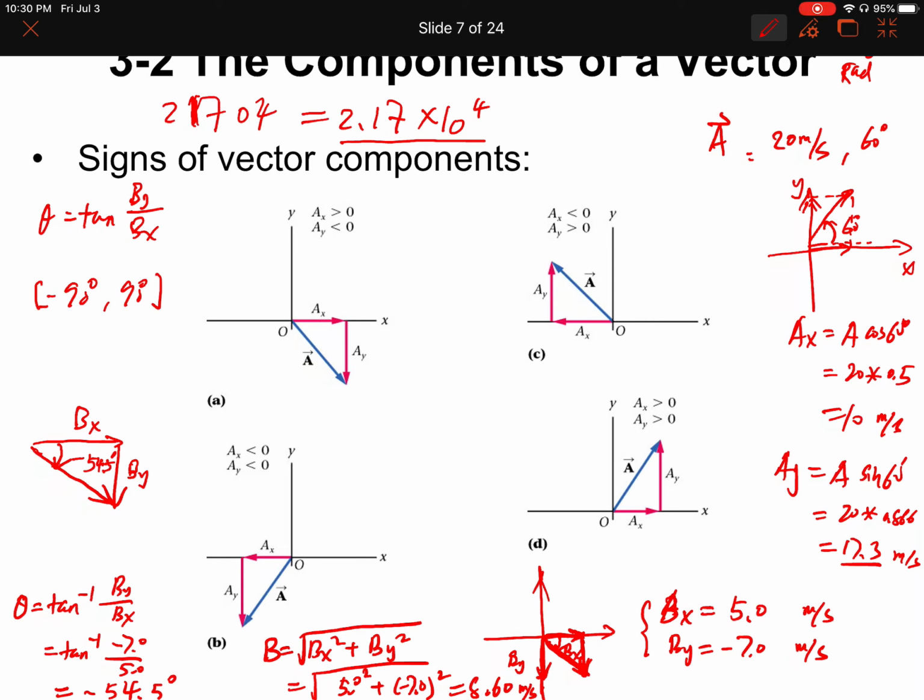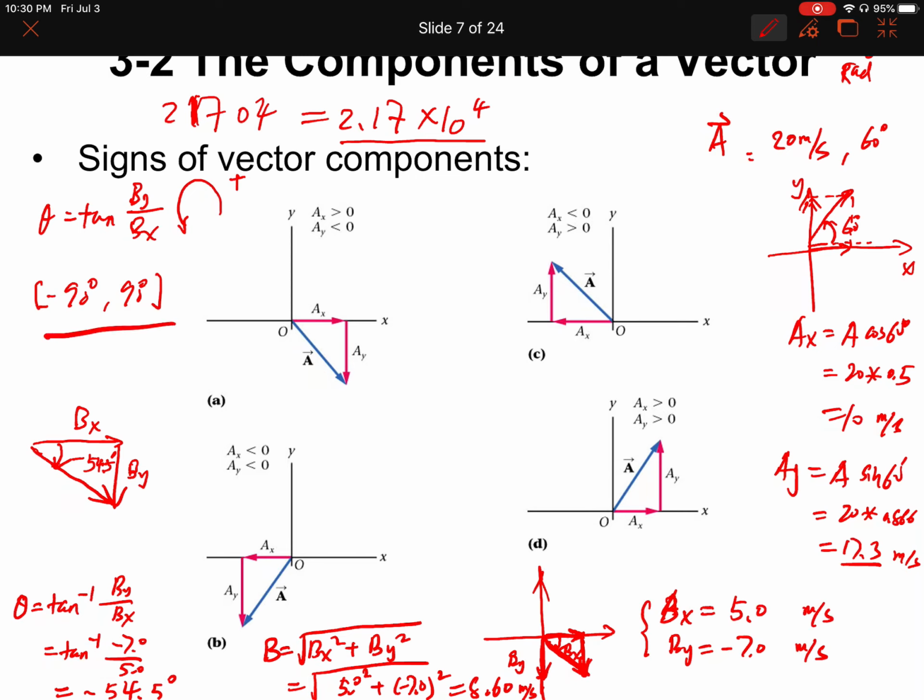However, our angle actually can be, well, if you use a clockwise rotation, remember, let's use a counterclockwise rotation, right? So this is counterclockwise, then you get a positive angle. The range here is from negative 90 to positive 90.